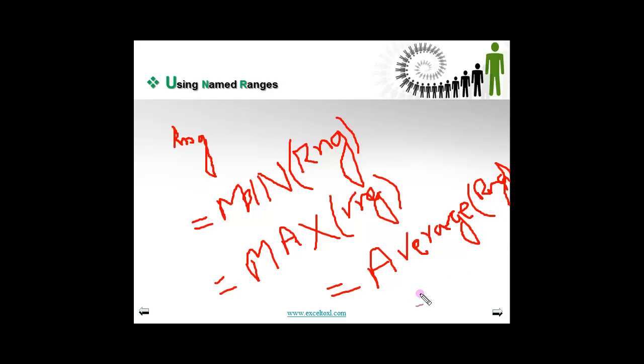These are called named ranges. By using this, we can see how effectively we can use named ranges in the functions. We have seen one example with the SUM function, and let us see these three functions using named ranges. Let me clear these screen drawings.